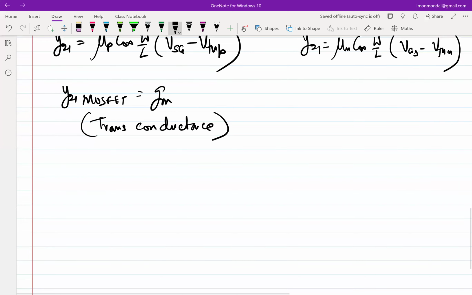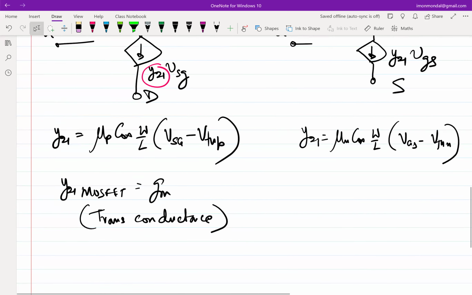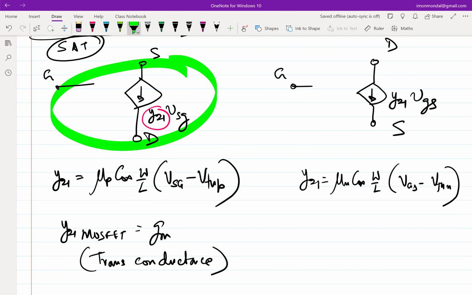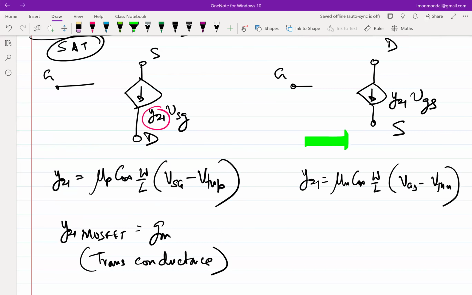Now let me redraw this in this format. One more thing that people normally do: if you look in the literature, this is not the usual symbol. This is not the usual way PMOSs are drawn.